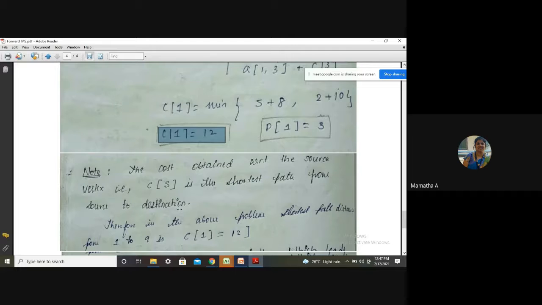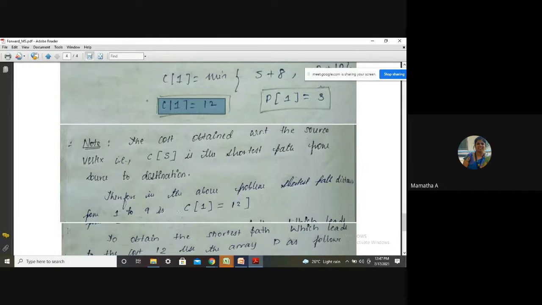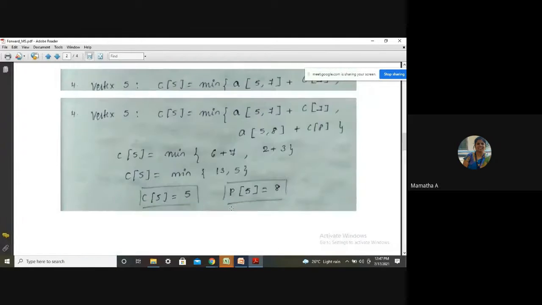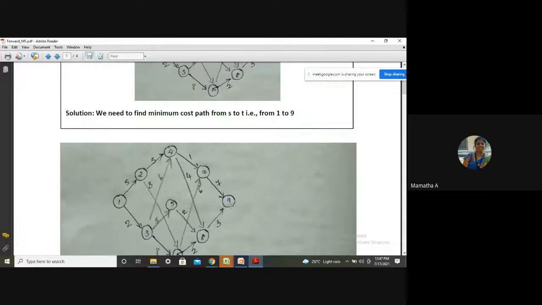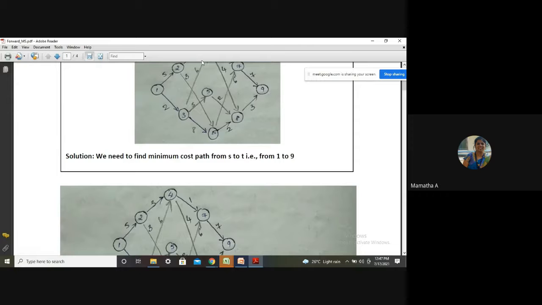That means the shortest path distance for the above problem from 1 to 9, because 1 is my source and 9 is my sink, will be C of 1, that is equal to 12. So the shortest path distance you got is 12. But how did you reach 12, to 9, via the path 12?